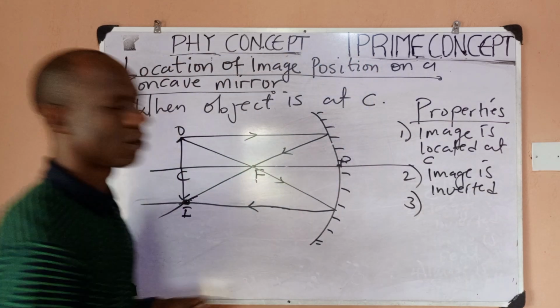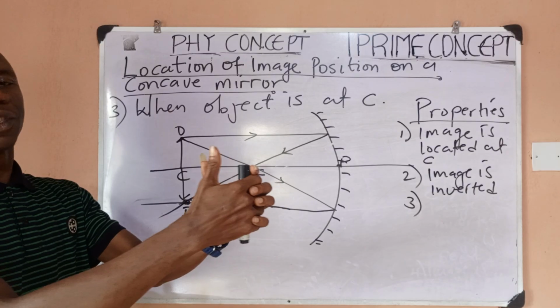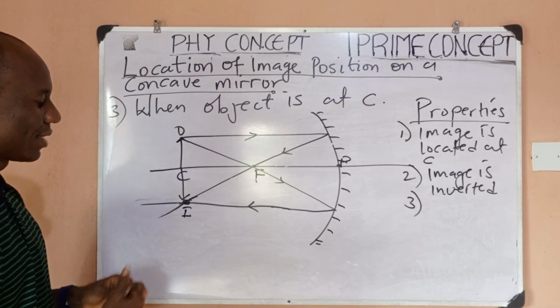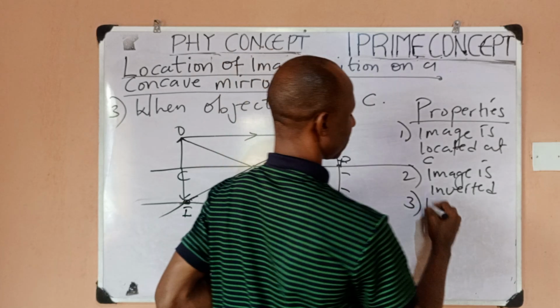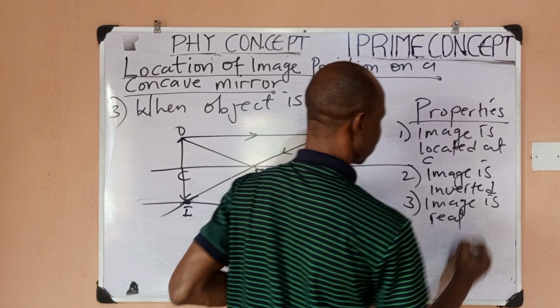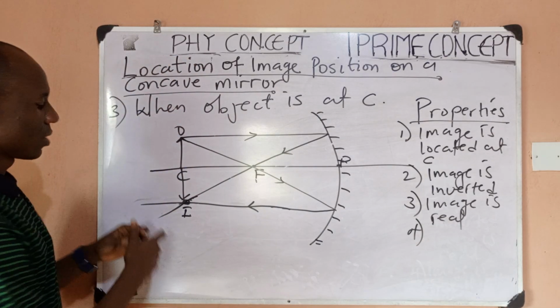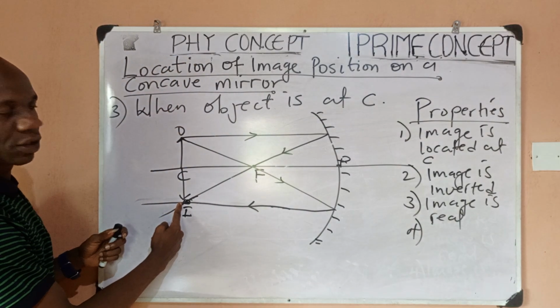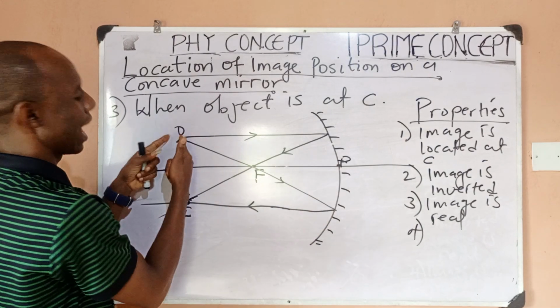Number 3 property, of course, if you have an inverted image, you expect that image to be what? Real. And why is it real? Because it's in front of the mirror. So the image is real. Number 4 property, you can see that the image is exactly the same distance from your mirror as the object.